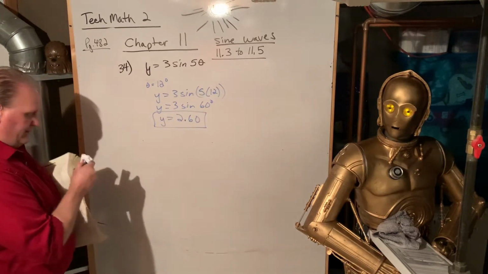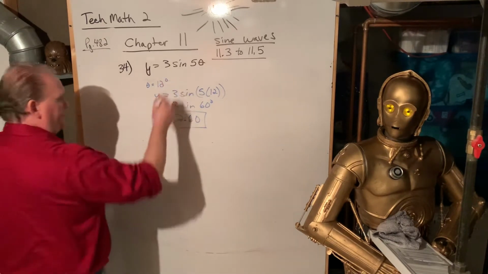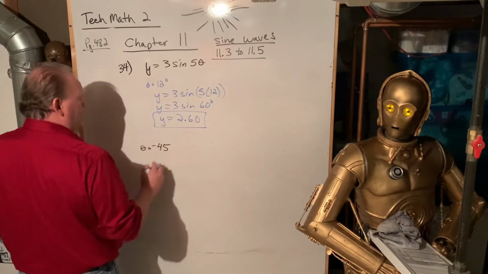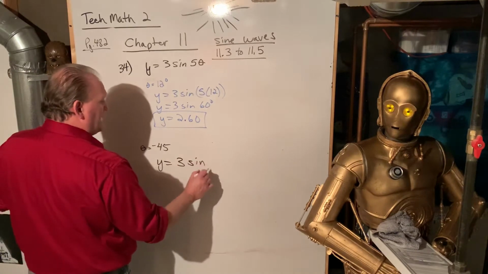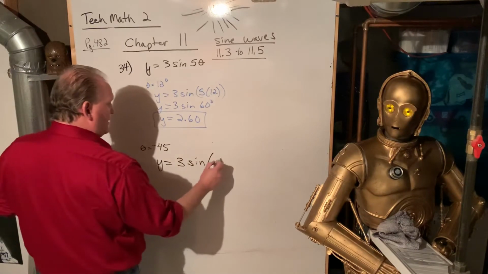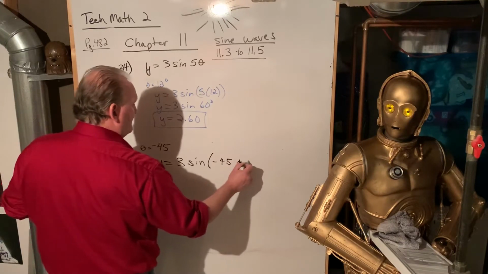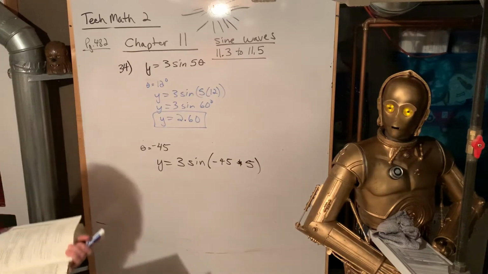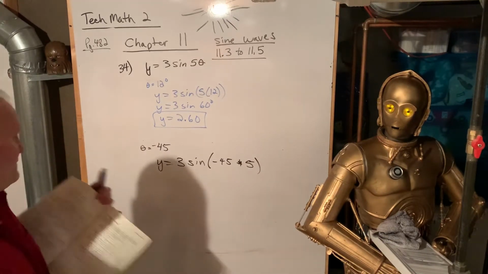And then the other one, they want negative 45 for theta. So that's just plug and chug. You can just literally put 3 sine, and when the parenthesis comes up, go negative 45 times 5, and then hit enter, and that'll give you 2.12.